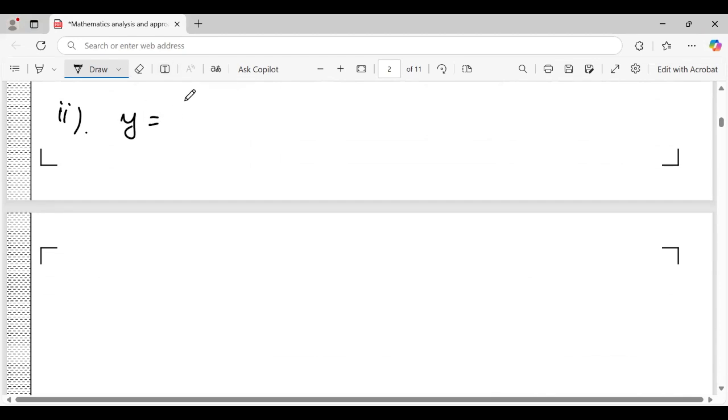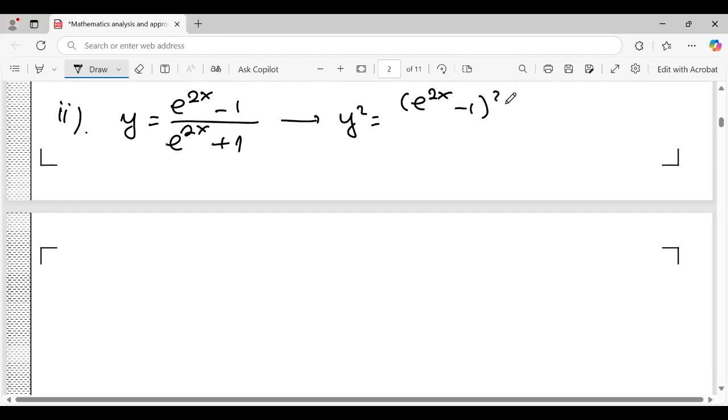The function is y equals e^(2x) minus 1 over e^(2x) plus 1. So it means y squared equals (e^(2x) minus 1) squared divided by (e^(2x) plus 1) squared.